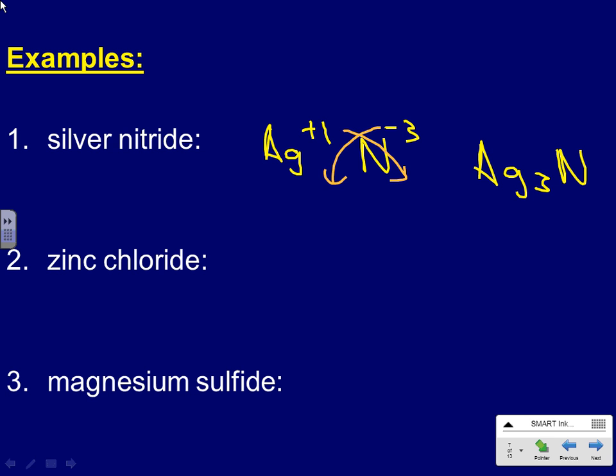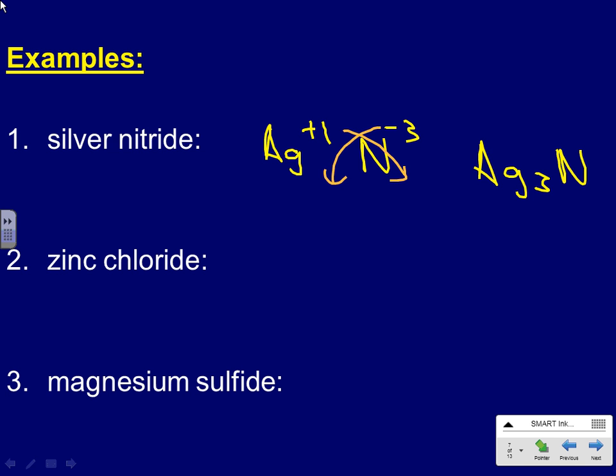Sound familiar, everybody? Again, review, but we do need to take the time, make sure we're following the proper steps. So again, you can go ahead. You don't have to wait for me. You're going to give me an answer? No, because the negative just represents the charge. When we cross them over, it represents the number of atoms, right? And really where this comes from is yesterday's Lewis diagrams, right?